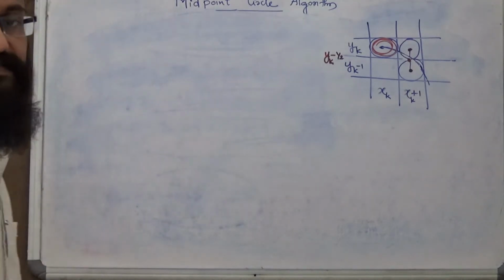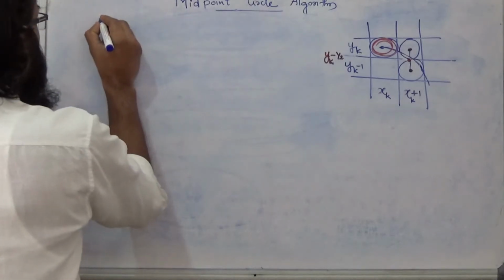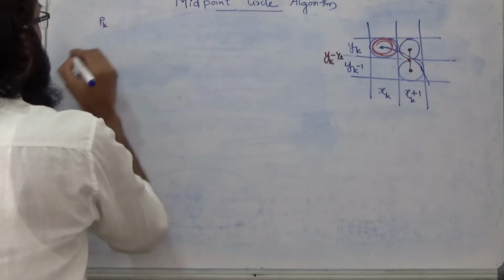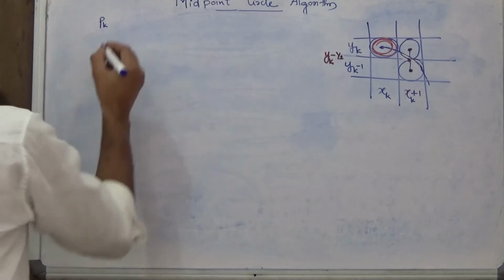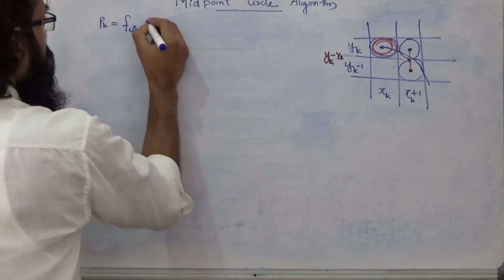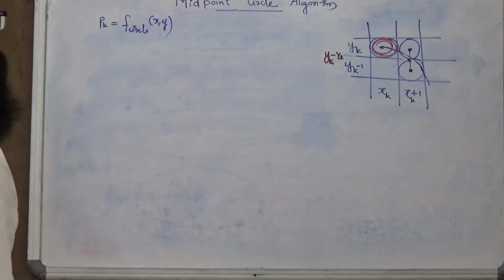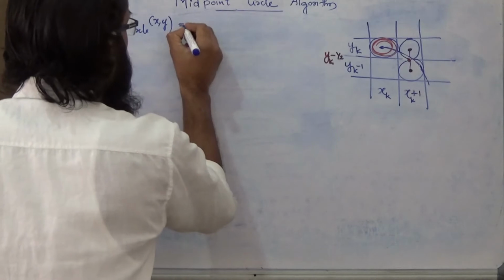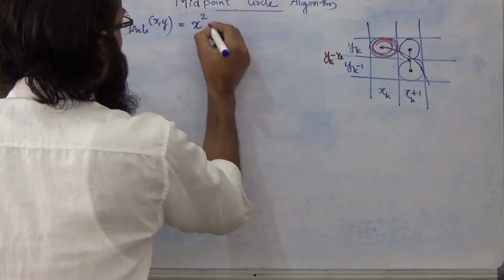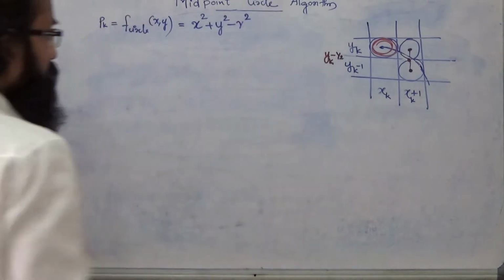That selection is based on the decision parameter pk. So pk is defined using the circle function x square plus y square minus r square.